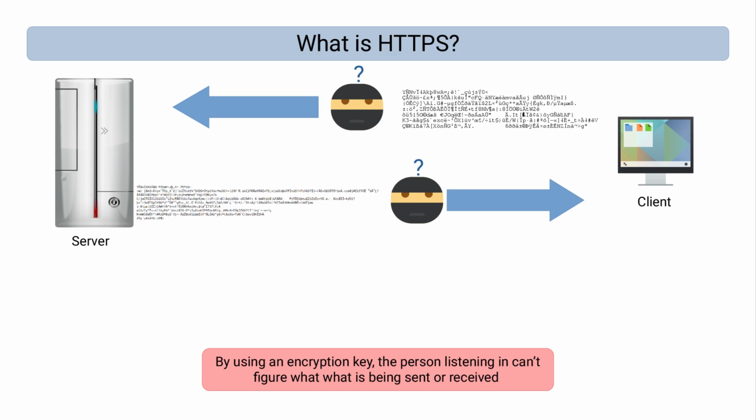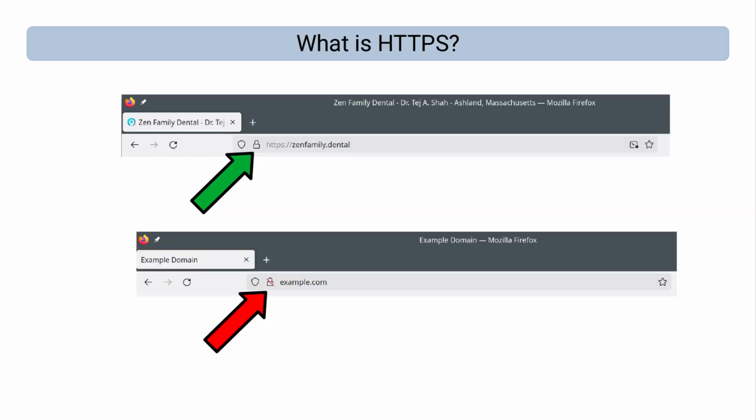The idea is that there's a way for both the client and the server to communicate where only those two know how to communicate with each other. So you probably notice when you're browsing the web, right next to the URL of the website that you are browsing, there's sometimes a lock. When you see the lock, that means it's using encryption to communicate with that website.